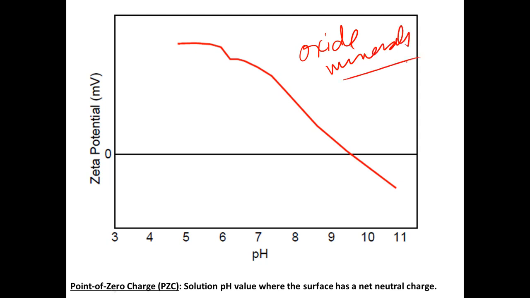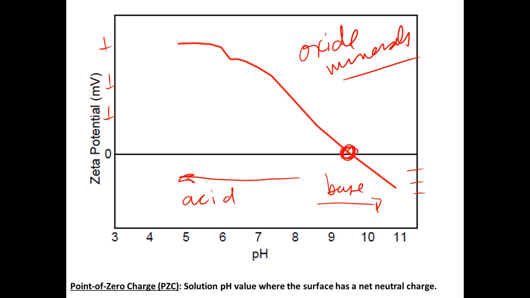In other words, as you increase the acid concentration and lower the pH, the surface becomes positive, as indicated by the zeta potential. As you increase the base or raise the pH, the system becomes negative. But there's a specific point here where there's a net neutral surface.